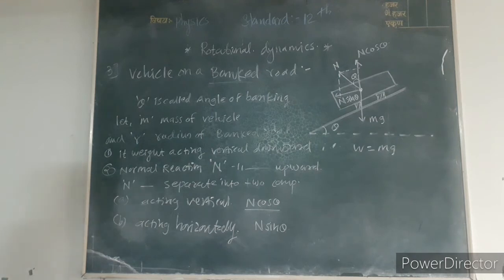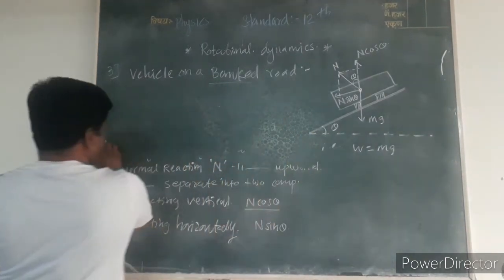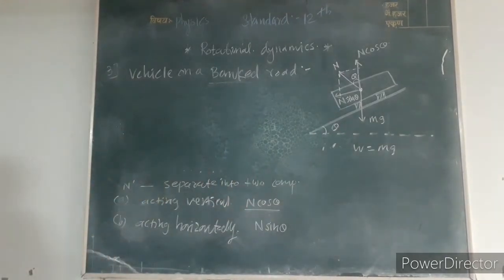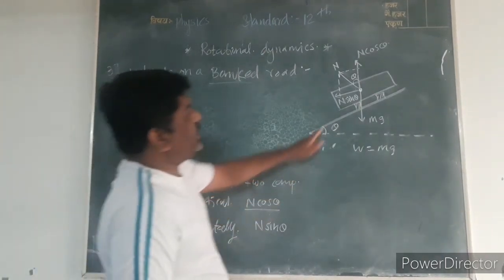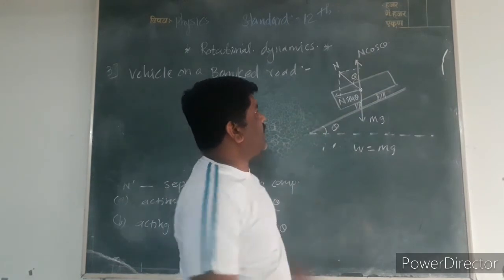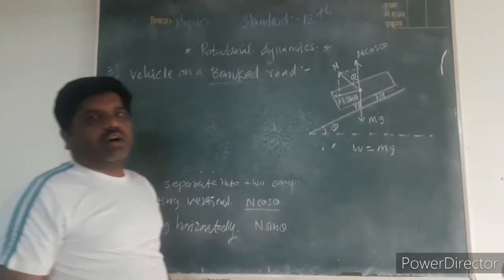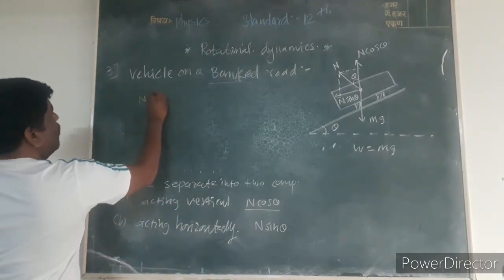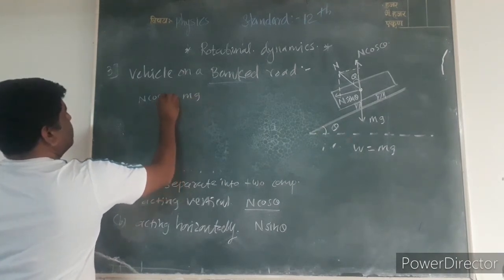Now the vertical component N cos theta balances the weight of this car or vehicle. Hence we can write N cos theta is equal to mg.